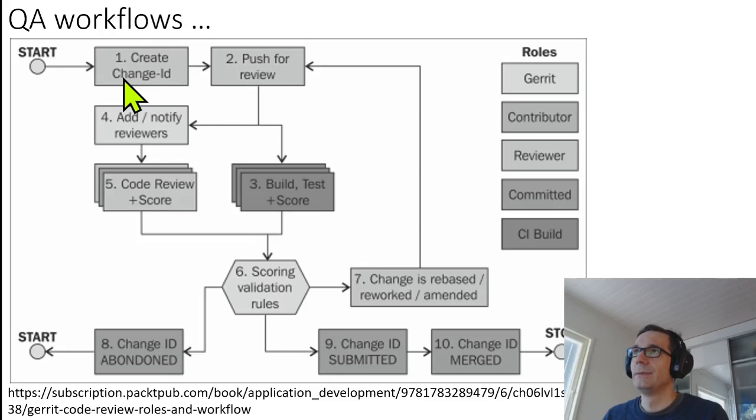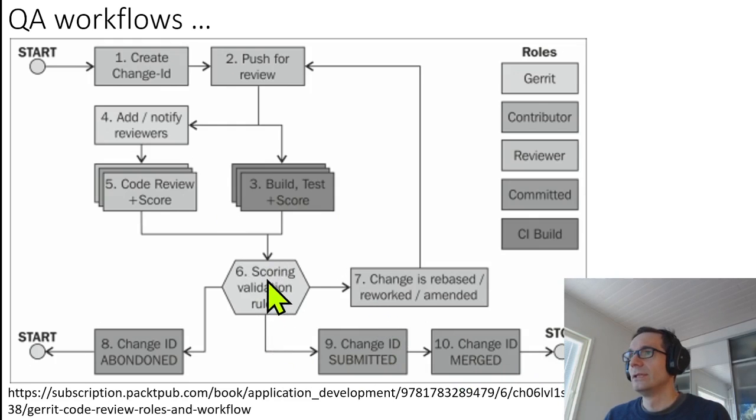Another possibility for making the changes is that when one pushes for review, there is a simultaneous build in the continuous integration, and the static quality assurance and the tests are executed, and this provides a score. But at the same time, the reviewers are added and notified, and they start to perform the review. If these 3 and 5 produce a positive result, then the changes are submitted and merged to the main branch.